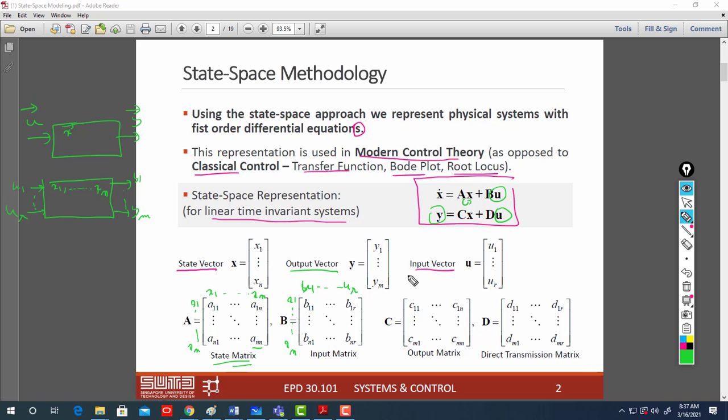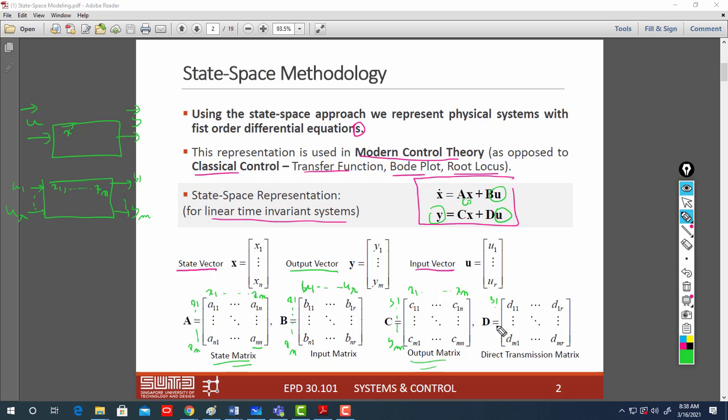C should be m by n because y1 up to ym and x1 up to xn. And C we call the output matrix. It's nice and good to remember the names of them. And D should be m by r, right?